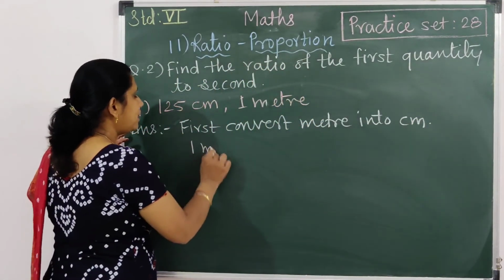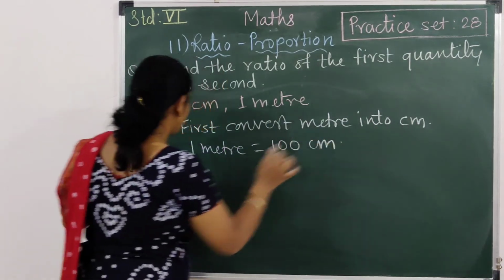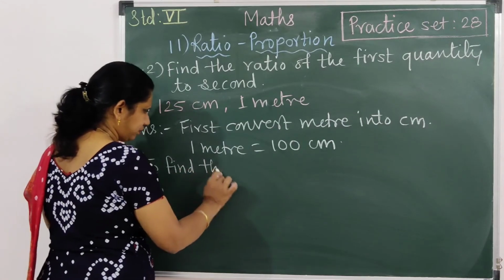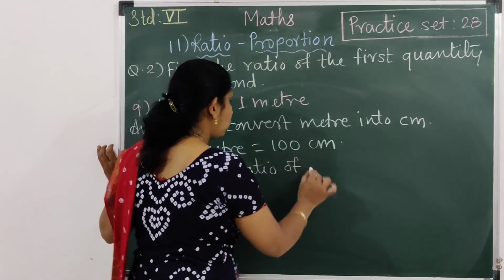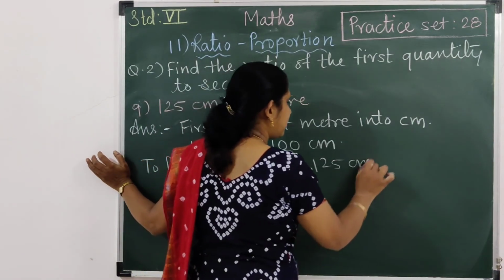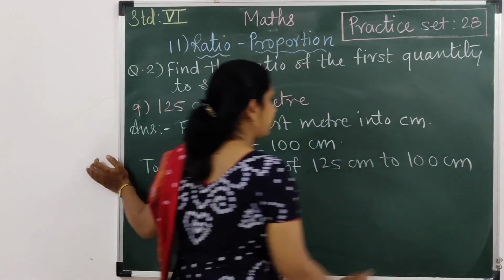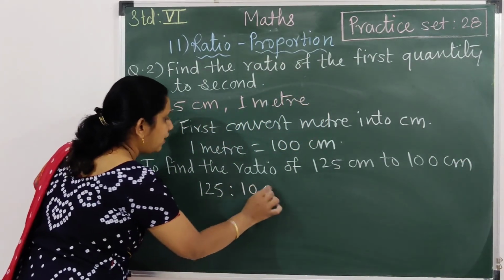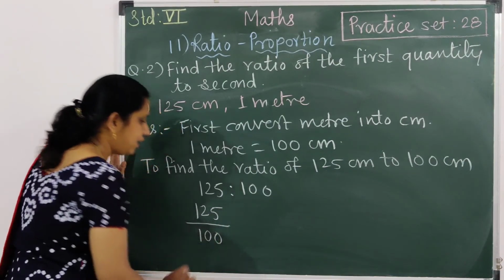So 1 meter is equals to 100 centimeter. To find the ratio of 125 centimeter to 100 centimeter. Okay, that is 125 is to 100. It means 125 divided by 100.